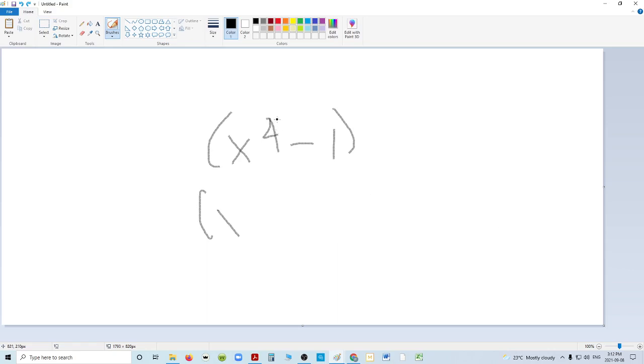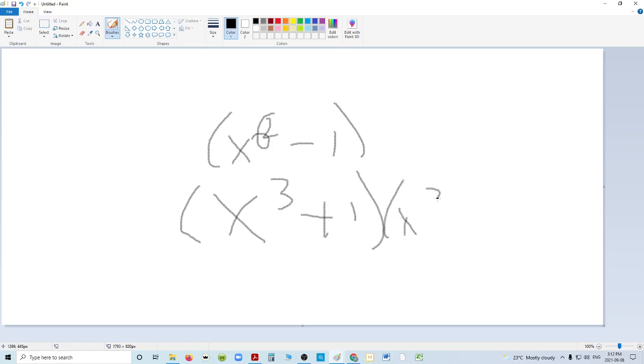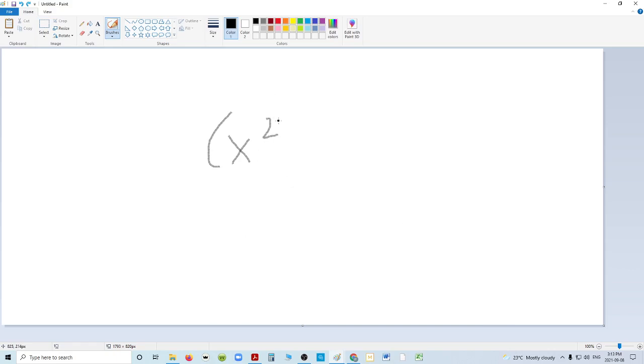X to the 6 minus 1 is a difference of squares: x cubed plus 1 and x cubed minus 1. Well, x cubed minus 1 is a difference of cubes again. And one of the factors of difference of cubes is x minus 1. What about the one I skipped, x to the 5? That's a little trickier.